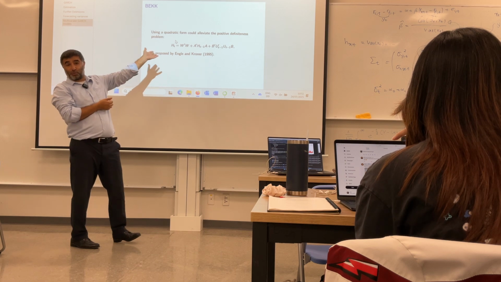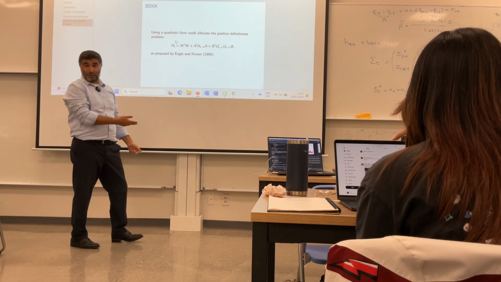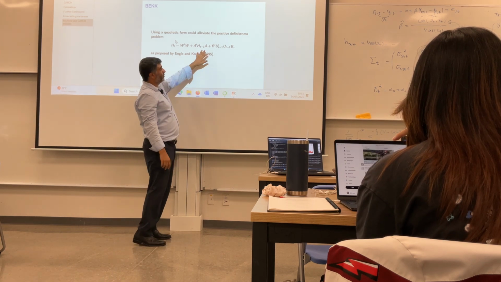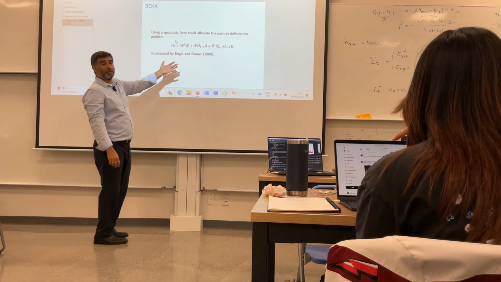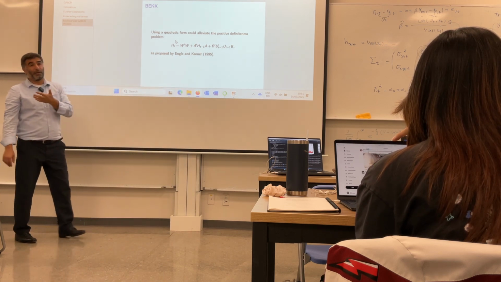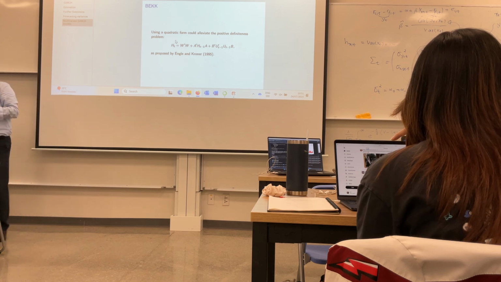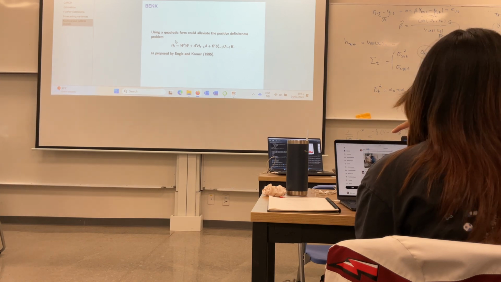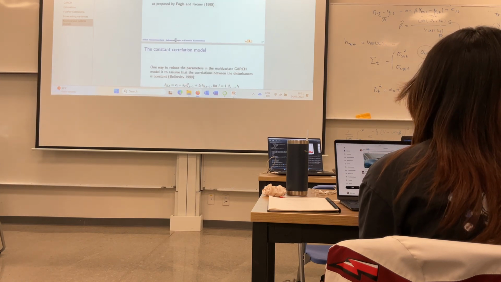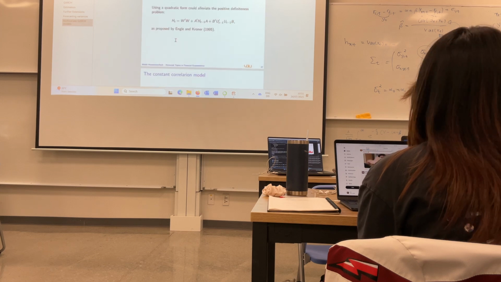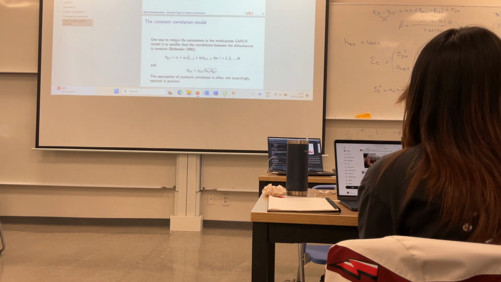If you want a solution of this, you should do it recursively like we do with the AR model. It's a little bit tricky to handle, but it resolves the problem of vec H that was not guaranteeing a positive definite matrix in the model. So it's a little bit hard.